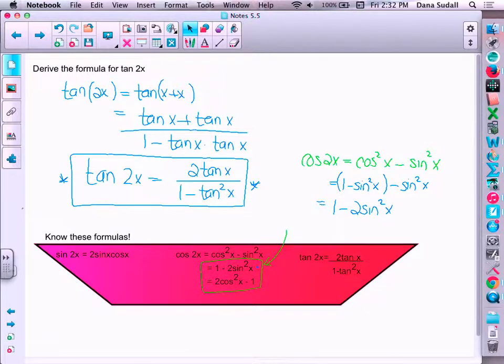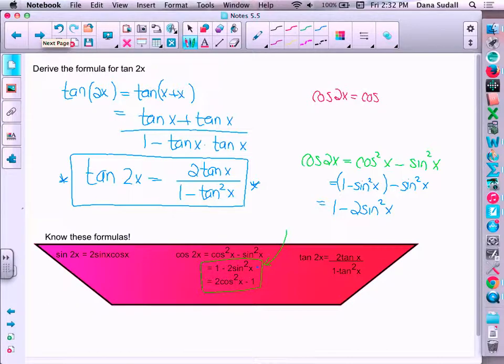And same thing with that next one, the 2 cosine squared minus 1. We would do the same thing here. Instead of taking out the cosine squared, we'll take out the sine squared. So sine squared is 1 minus cosine squared.